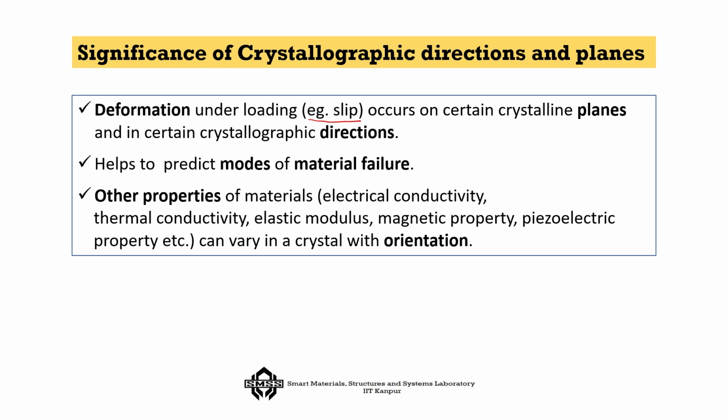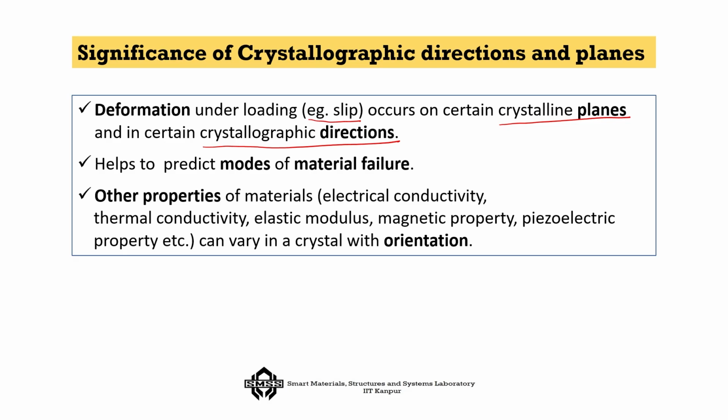Slip and dislocations I will talk about in another lecture in much more detail, but it is sufficient to know now that the slips that initiate the deformation occur on certain crystalline planes and in certain crystallographic directions.